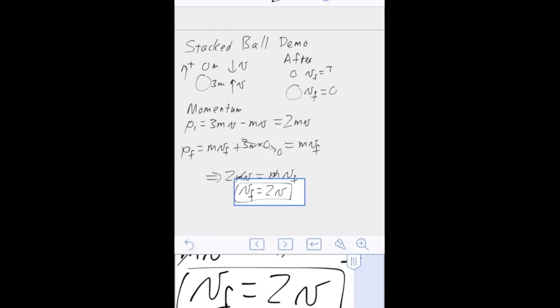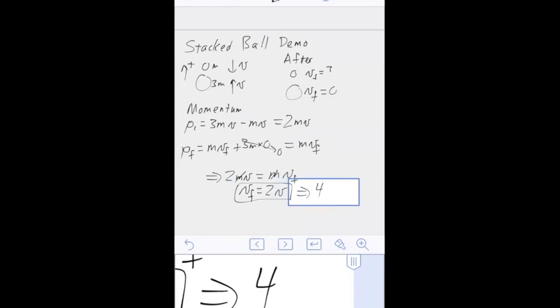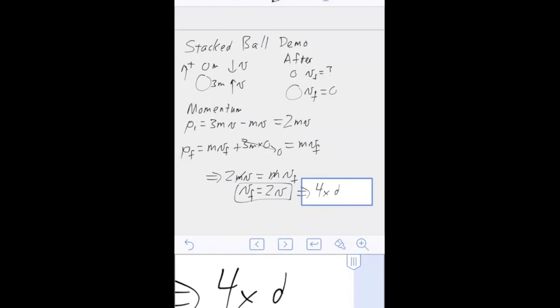So the tennis ball bounces up off of the basketball with twice the velocity that it would have if it had just bounced on the ground. That's why the tennis ball goes so surprisingly high: if you double the velocity, you quadruple the kinetic energy, and therefore it's going to get to 4 times the drop height.